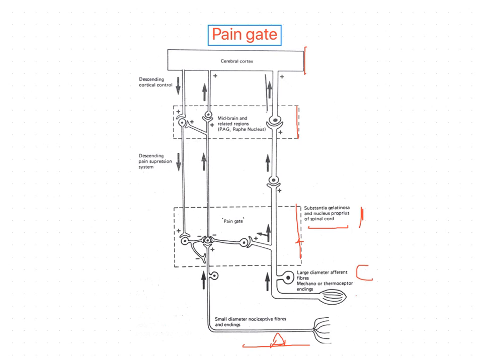If the gate is also concurrently receiving impulses produced by the stimulation of thermoreceptors and mechanoreceptors, then this traffic predominates, with resultant presynaptic inhibition of the small diameter nociceptive information.